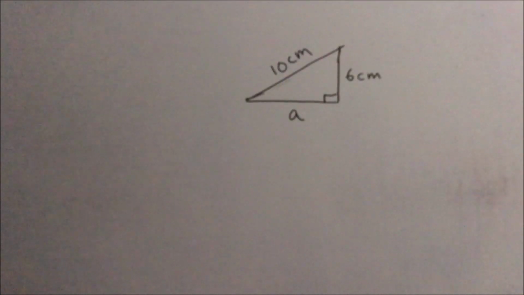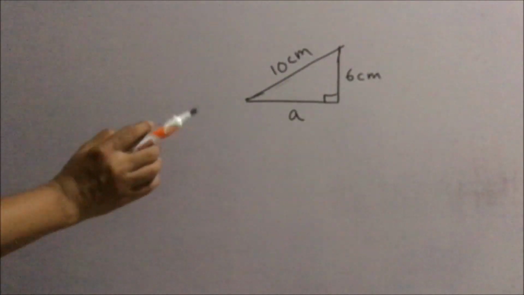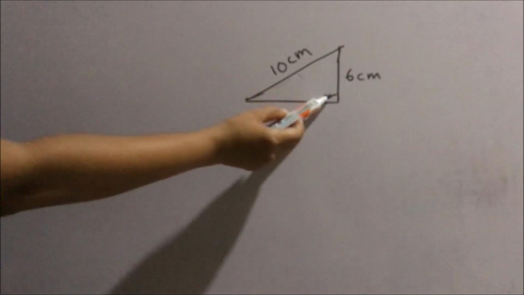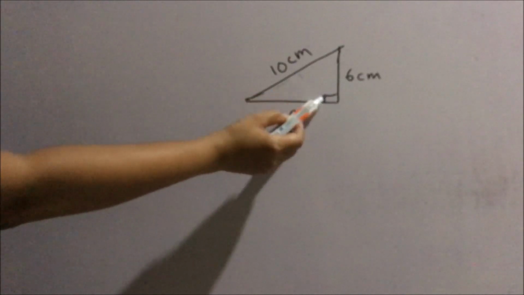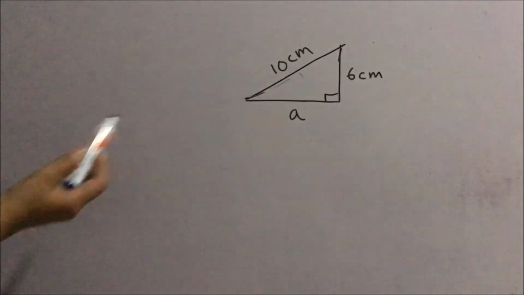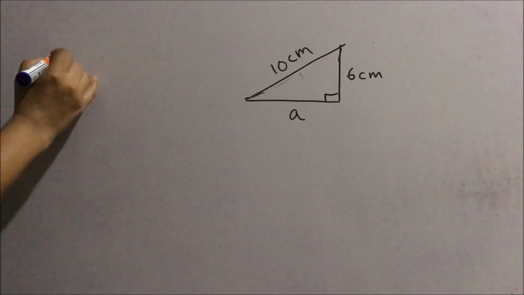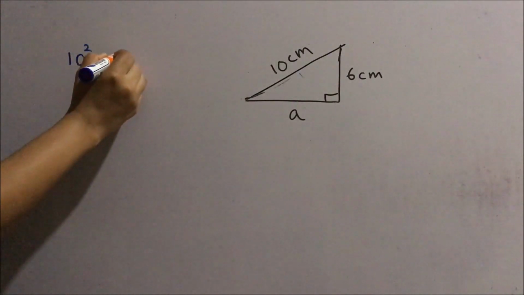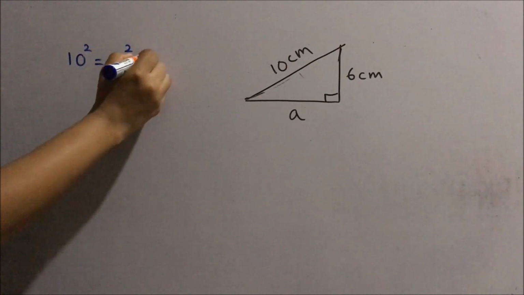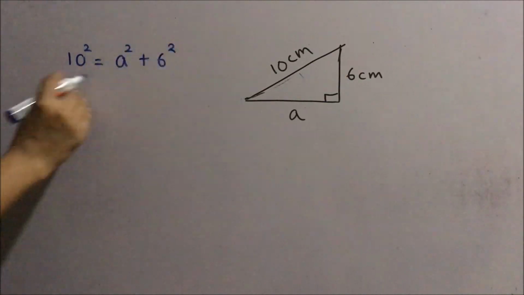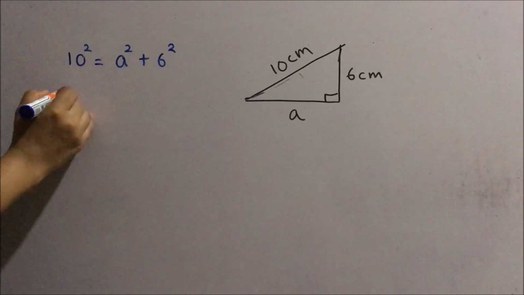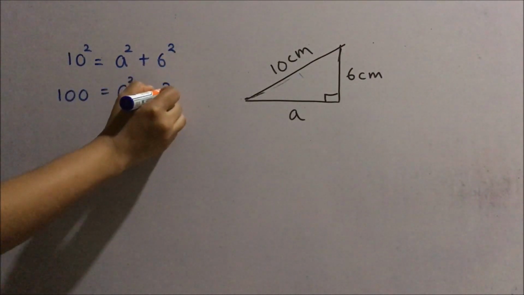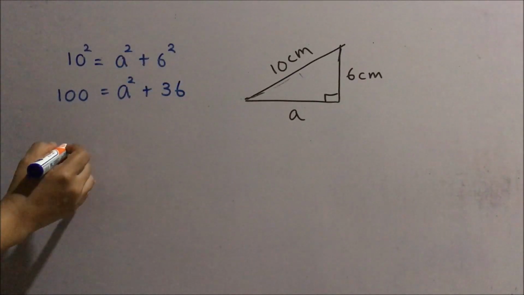Now we are going to apply the Pythagoras relation to this triangle to find a. Now the hypotenuse, the side opposite to the right angle, is 10 centimeters. Then we can write the Pythagoras relation as 10 square equals a square plus 6 square. 10 times 10, 100, equals a square plus 6 times 6, 36.